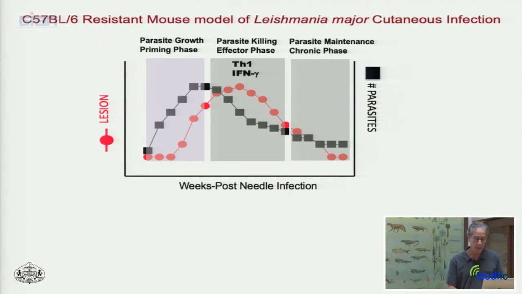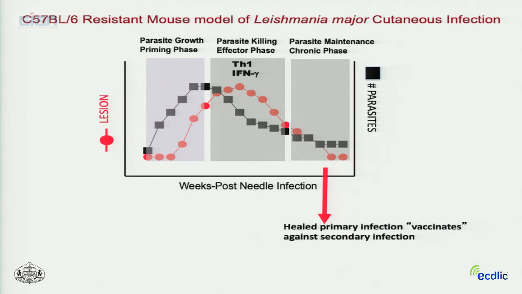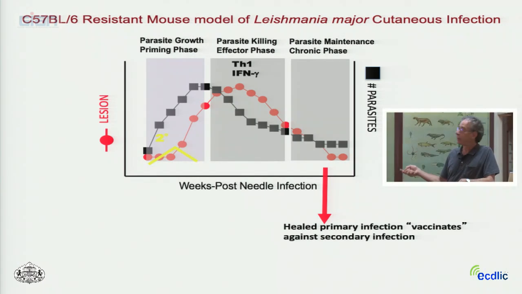What's important here is that these healed primary infections vaccinate or confer strong immunity against secondary infection. So despite the fact there's not sterile cure, if you re-challenge, say we'll re-challenge the other ear. This is the secondary challenge on another site. We'll use the other ear of the same mouse.